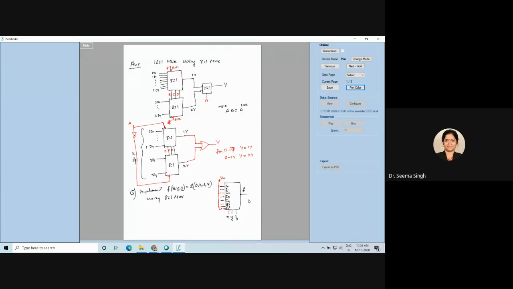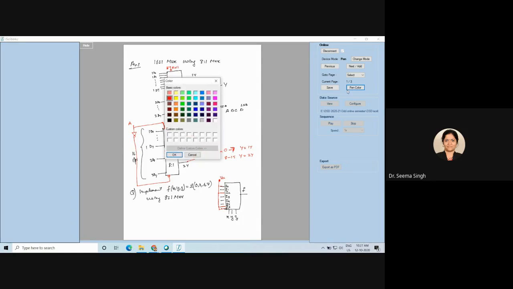Okay. So whenever XYZ selects I0, I2, I6 and I7, and F gets connected to I0, I2, I6, I7, I should get a high. So that is why it is connected to VCC. So whenever this combination of XYZ makes the connection of F to I0, I2, I6, I7, F will be 1. And for all the rest, F should be 0.